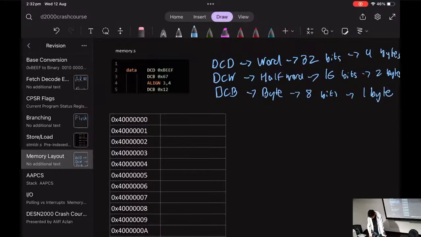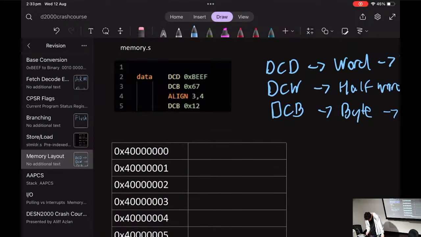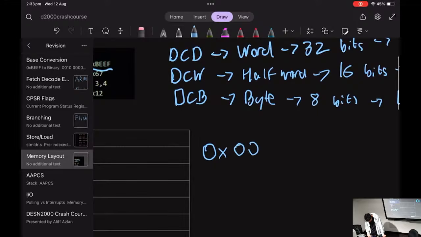So let's just go through this example. We have this data section here, right? Assuming little endian, let's try to draw it out. We have this word here, which is essentially 0xBEEF. Since it's a whole word, what we're actually looking at is this.